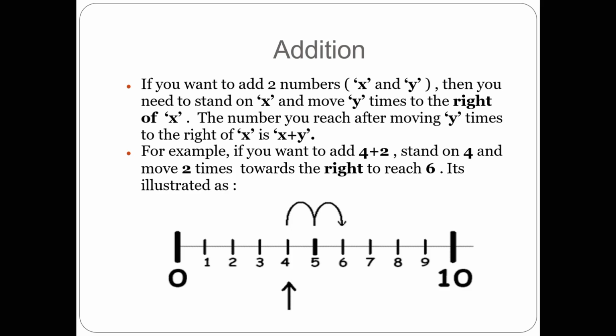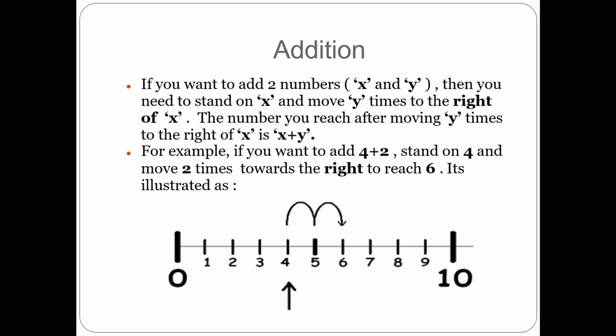For example, if you want to add 4 plus 2, stand on 4 and move 2 times towards the right to reach 6. Its illustration, as you can see in the example, you have to add 4 plus 2. So what can you do? First, you stand on 4 and move 2 steps to the right.